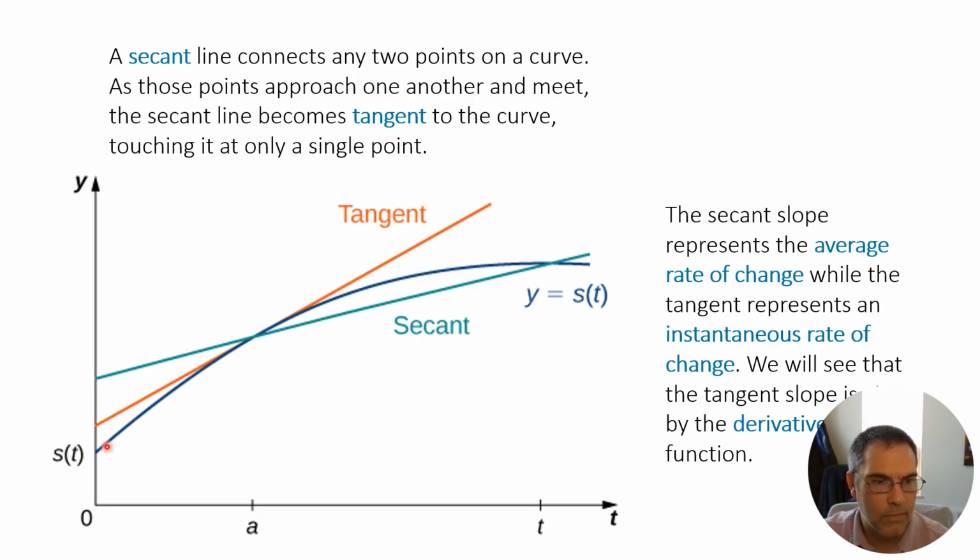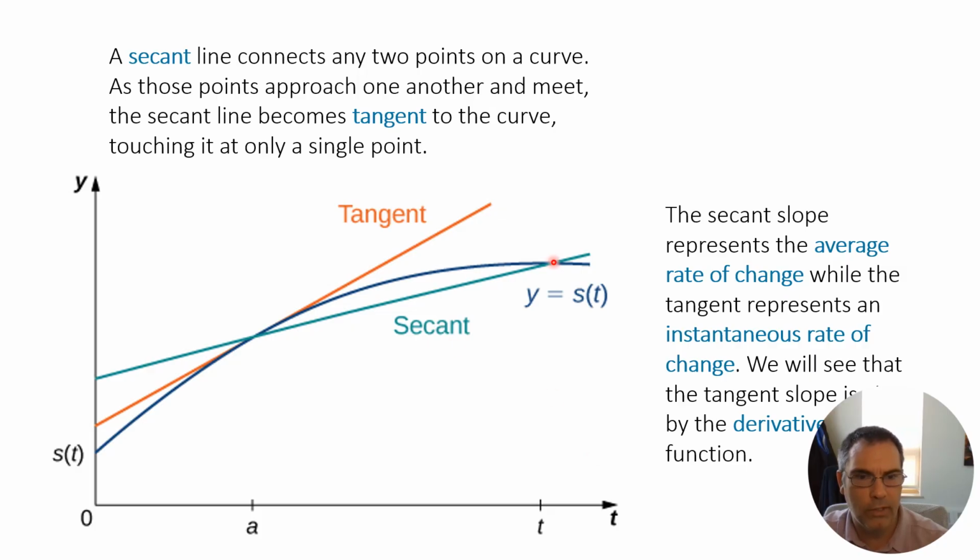So where a curve is very steep, it's changing rapidly. Where the curve is more flat, it's changing slowly or maybe not changing at all, or if it was going downward, it would be decreasing. So that tangent line is representing something physical about the function. And if it's time dependent, it's the rate of change over time, but it could be the rate of change over whatever this horizontal variable happens to be.